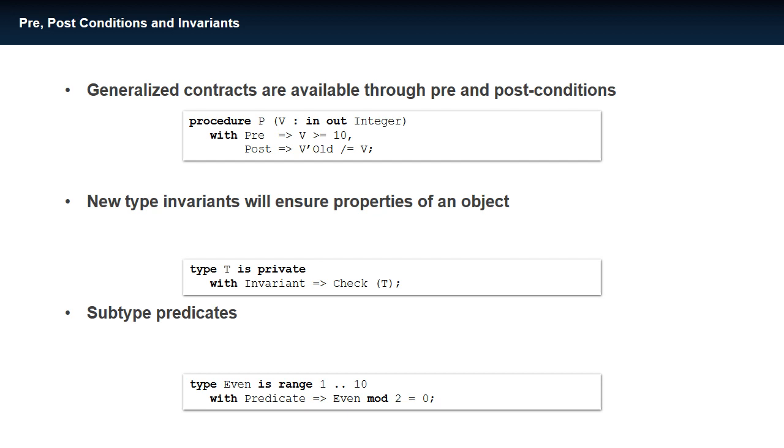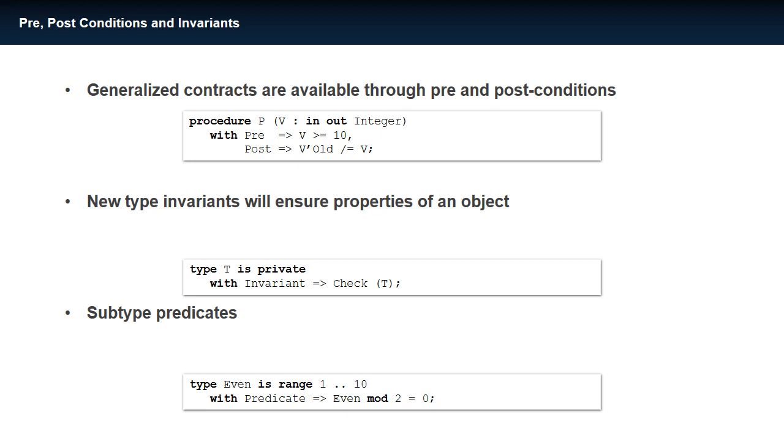The postcondition says that the parameter v should be different when the procedure exits than when the procedure is called. This verifies to us that the procedure p does modify the in-out parameter. If we were writing this procedure, we could be much more detailed with the contracts in order to make the spec more descriptive.